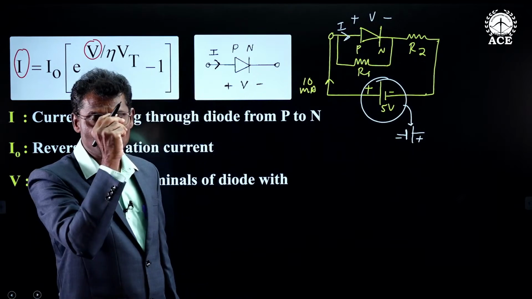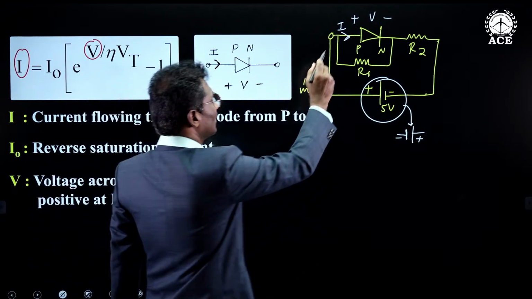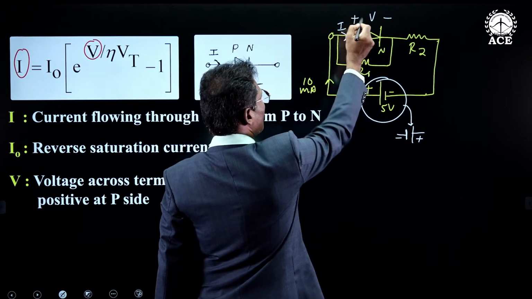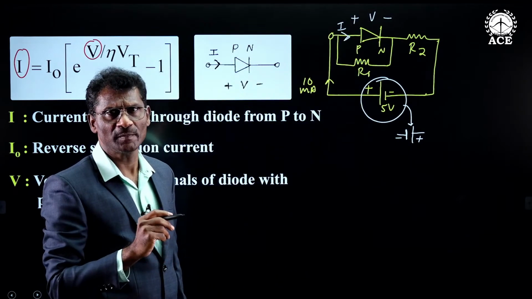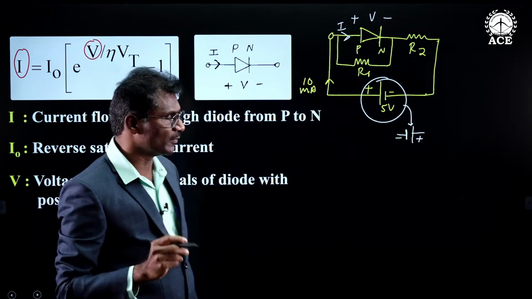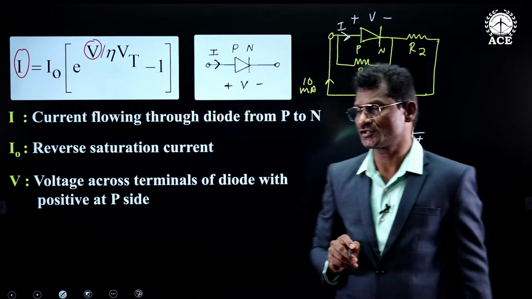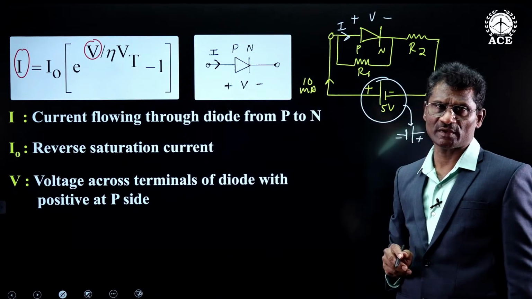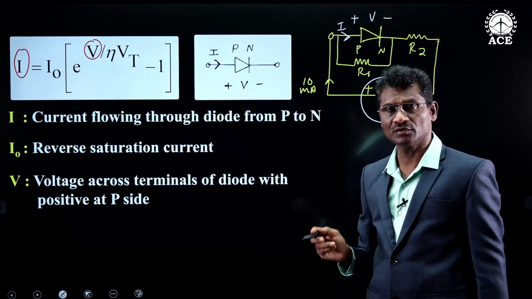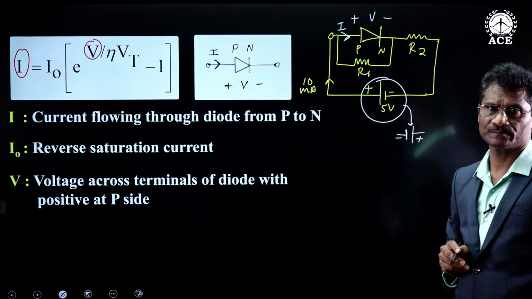Then do not change the polarities of V. Instead make V negative. Remember that if V is positive in this equation, then the diode is forward biased. If V is negative, then the diode is reverse biased.